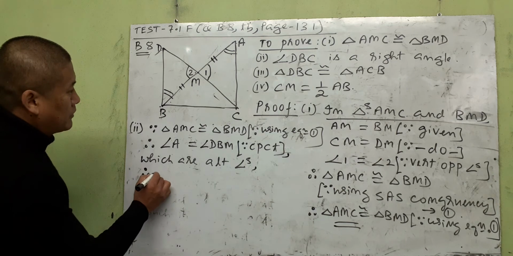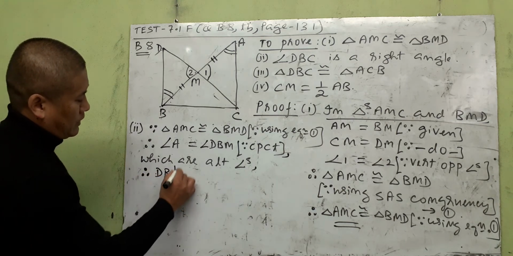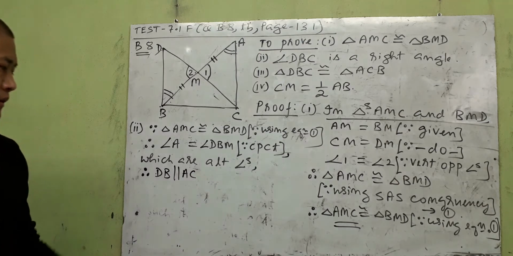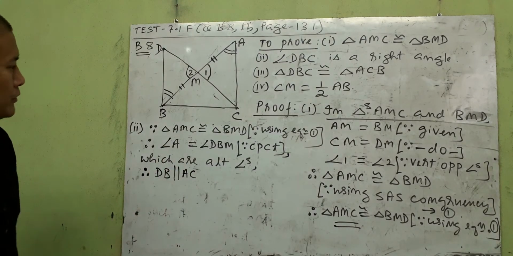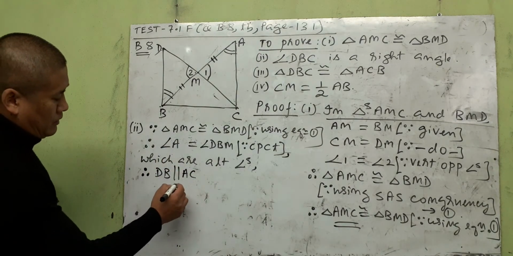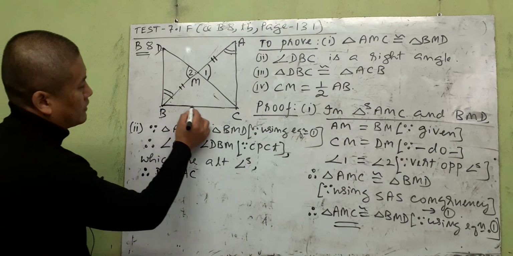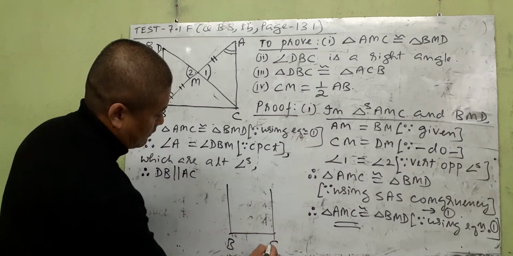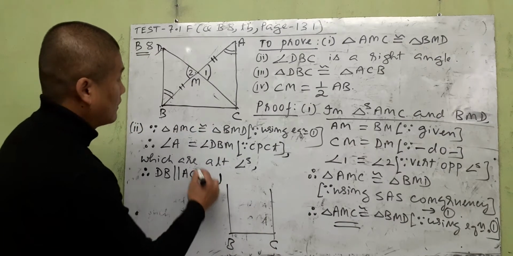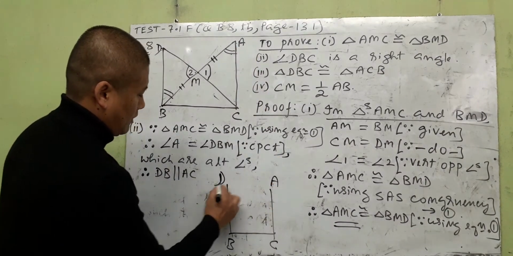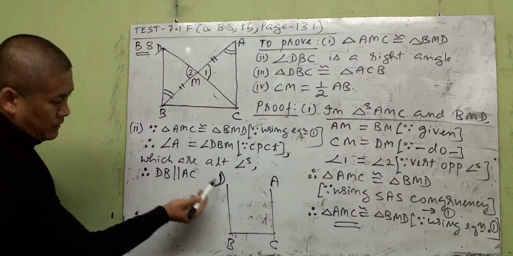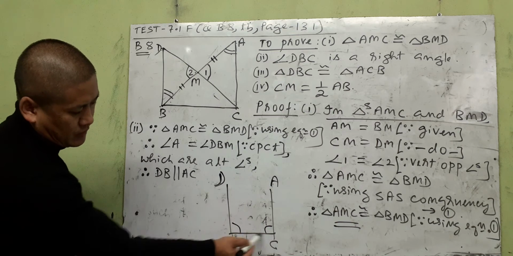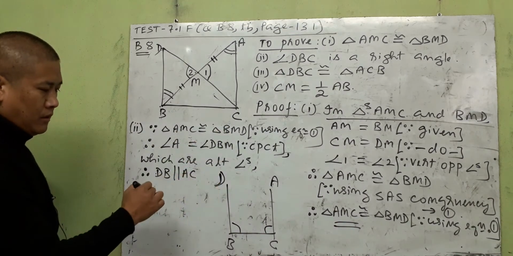So we write here, therefore DB is parallel to AC. Now if two lines are parallel, then we know, and consider this transversal, something like this, B, C, here D, here A. So if these two lines DB, AC are parallel, these two angles inside on the same side of the transversal BC are called co-interior angles.